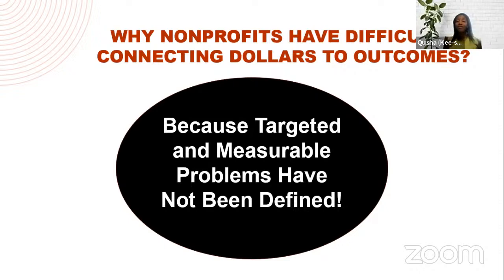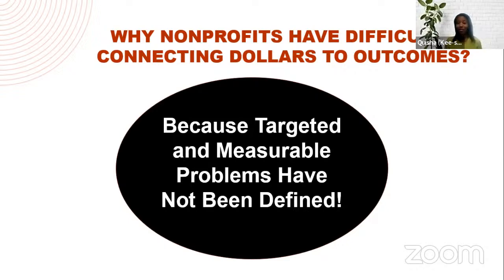Once you have that list of issues and challenges, then you're ready to start figuring out a way to connect your dollars to your outcomes, because your outcomes are essentially impacting those very specific and targeted problems that you've identified.